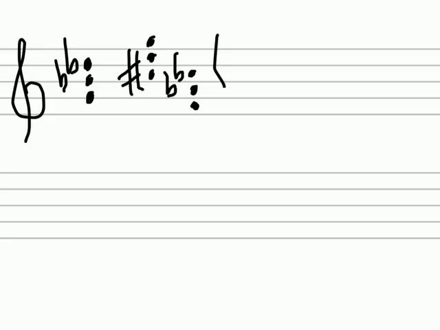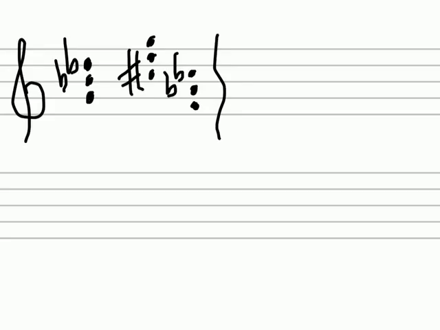So here, G diminished, the third and fifth are one accidental lower than the root. C sharp diminished, and F diminished.